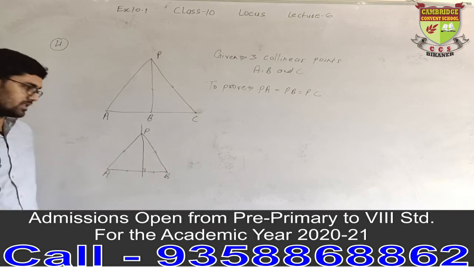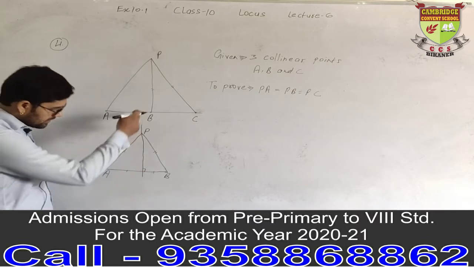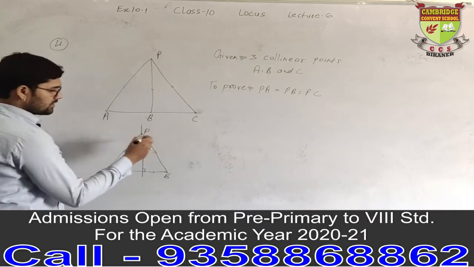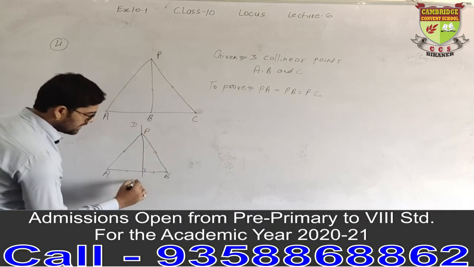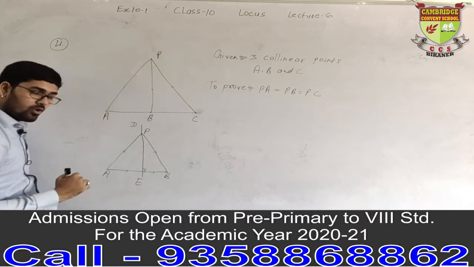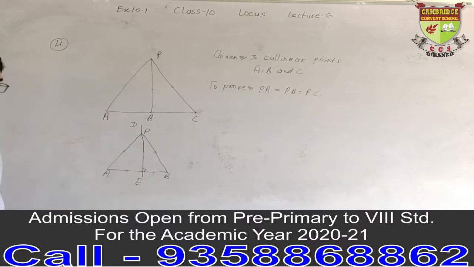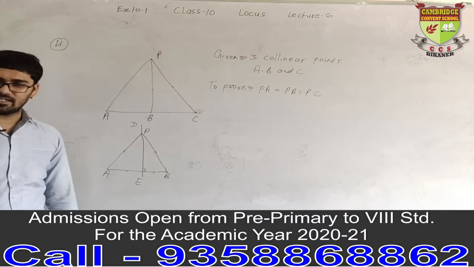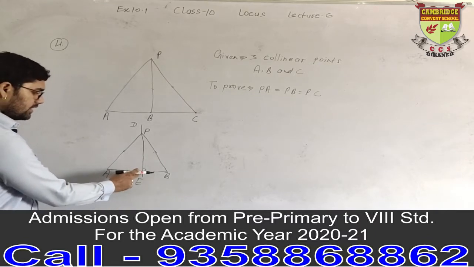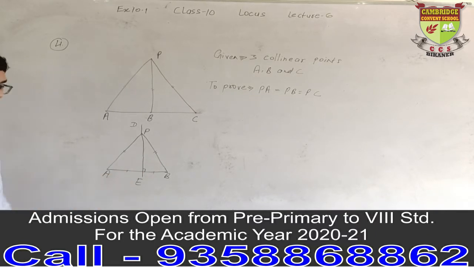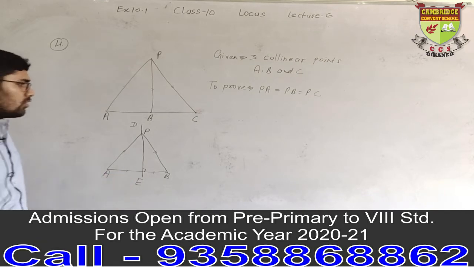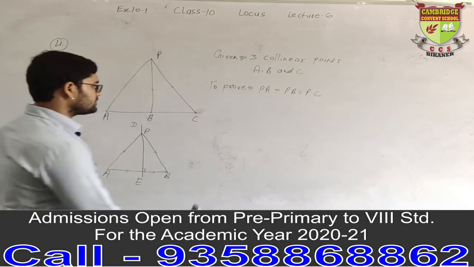I will name this line DE. Let DE be the perpendicular due to which AB is bisected, at 90 degrees at point E.